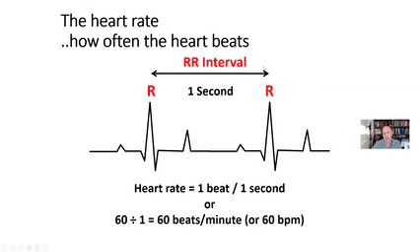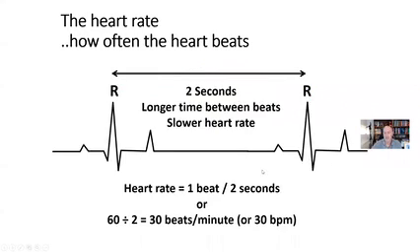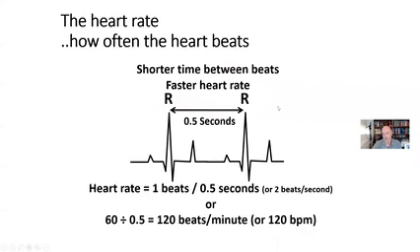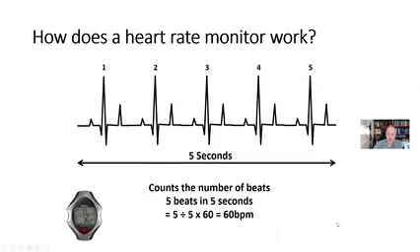But if we were talking about heart rate variability, we'd be talking about this RR interval. But we're going to ignore heart rate variability. If anyone wants to ask about that at the end, you're more than welcome. So if there's a longer period, we've got a slower rate. If they're closer together, we've got a faster rate. This is all pretty straightforward. I'm sure you're all happy with this.